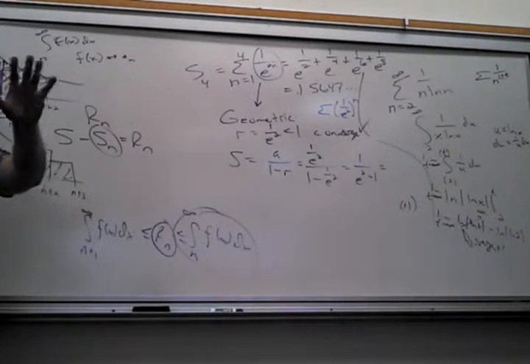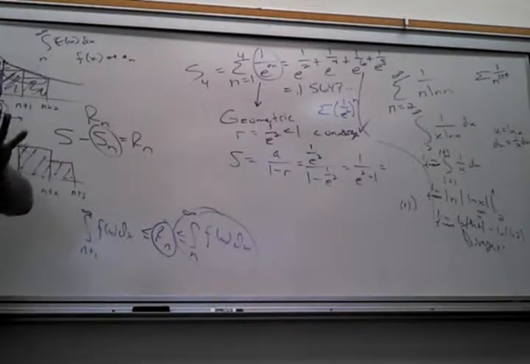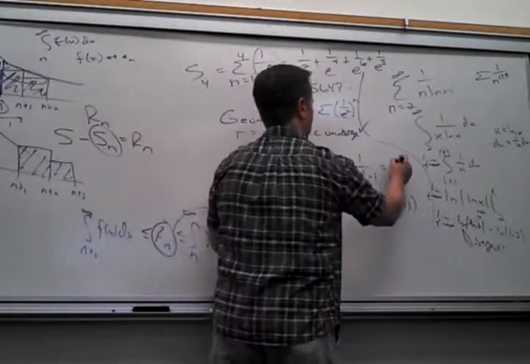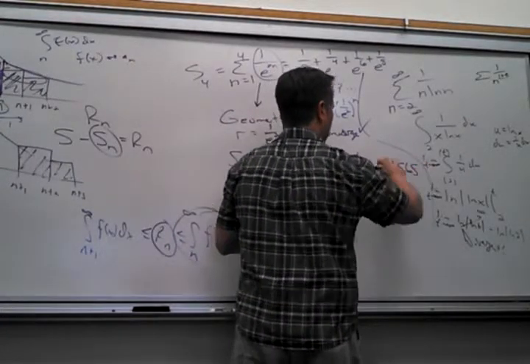This is not amazing math. This is just workman's math, just blue collar math. So what's 1 over e squared minus 1? What is that? Somebody help me out. 0.12 something. 0.156, okay.